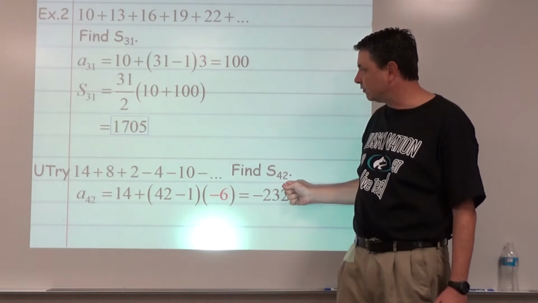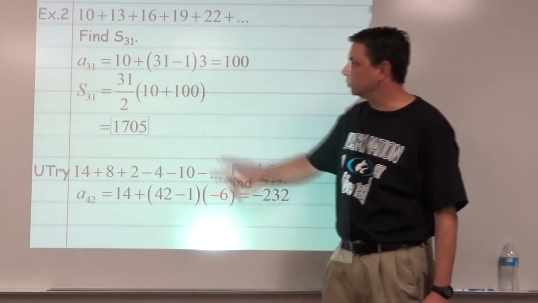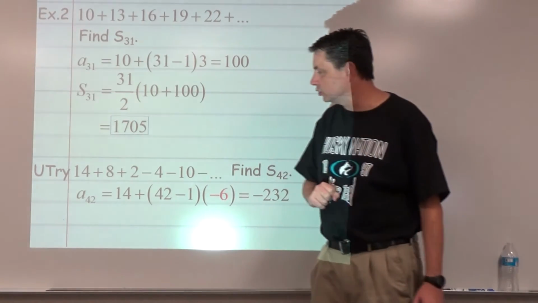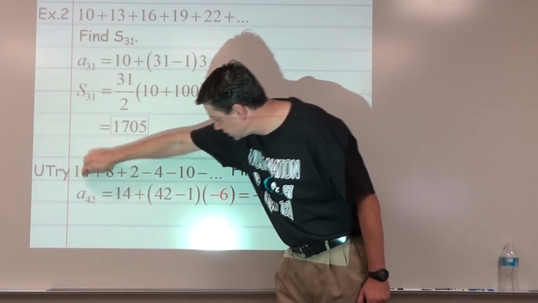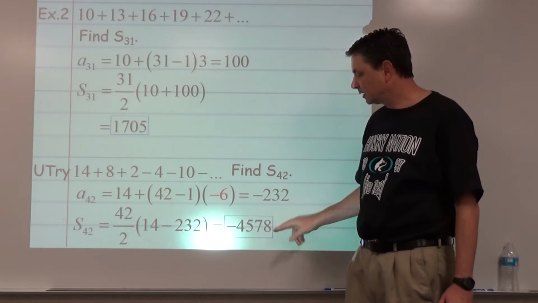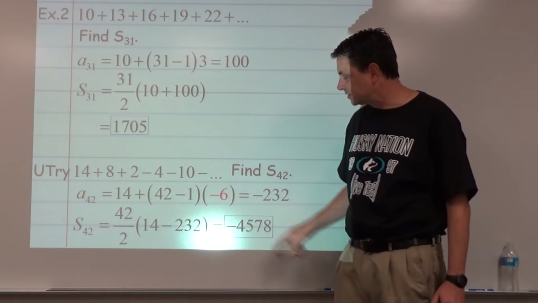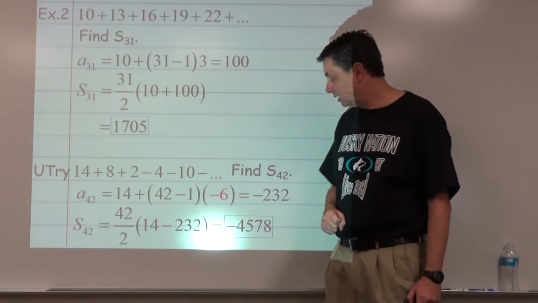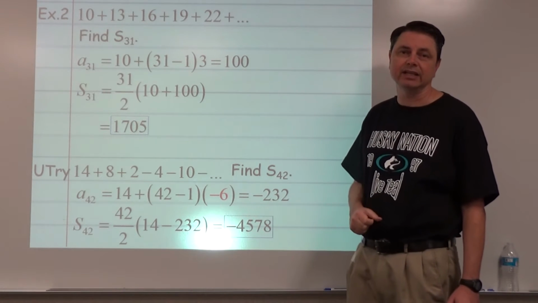Now S sub 42 is going to be 42 divided by 2 times first plus last. And you should get a sum of negative 4,578.